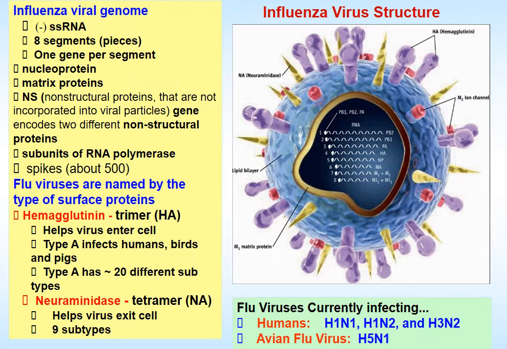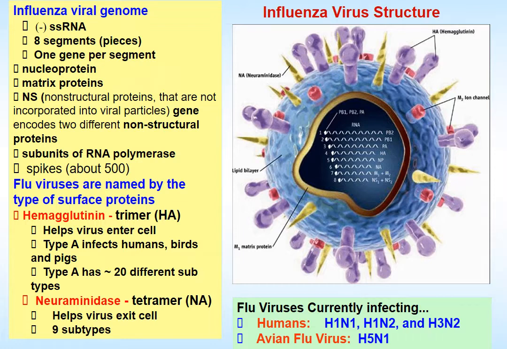Influenza virus structure. Again, it's minus single-stranded RNA. This RNA contains 8 segments, 8 pieces, and each piece contains 1 gene. Nucleoprotein and matrix proteins are important antigens.